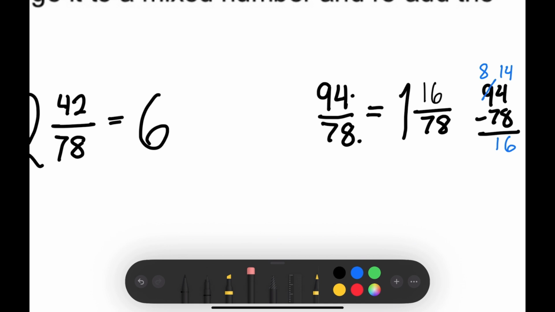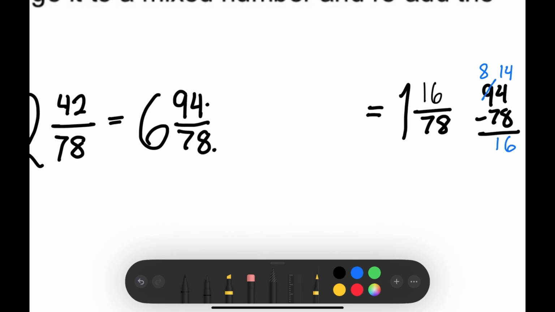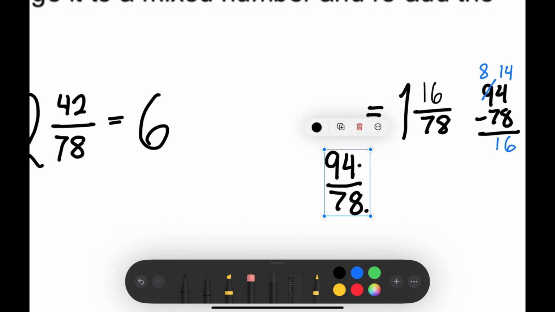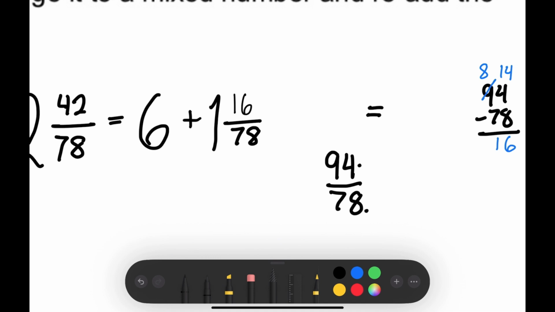So now, instead of 94 over 78, we're just going to add this mixed number to 6, which makes it 7 and 16 over 78.